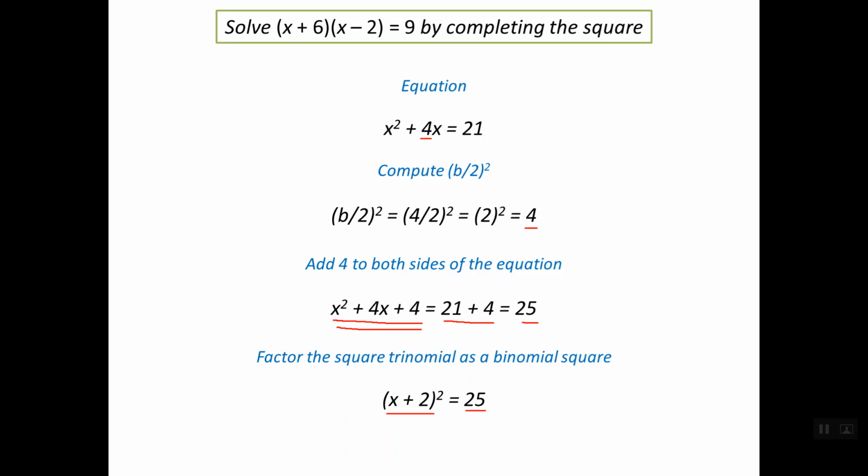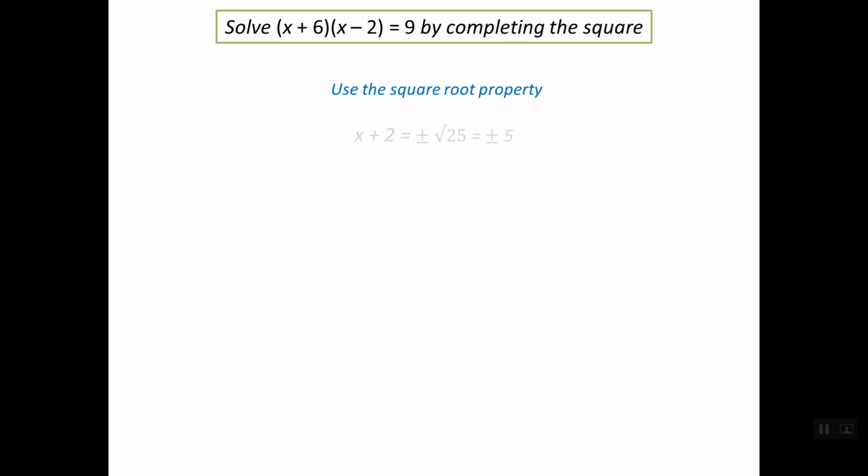Now we can use the square root property for both sides. So for the left side, the square root is x plus 2. And for the right side, the square root is plus minus root square of 25. And root square 25 is simply 5. So we have plus minus 5.